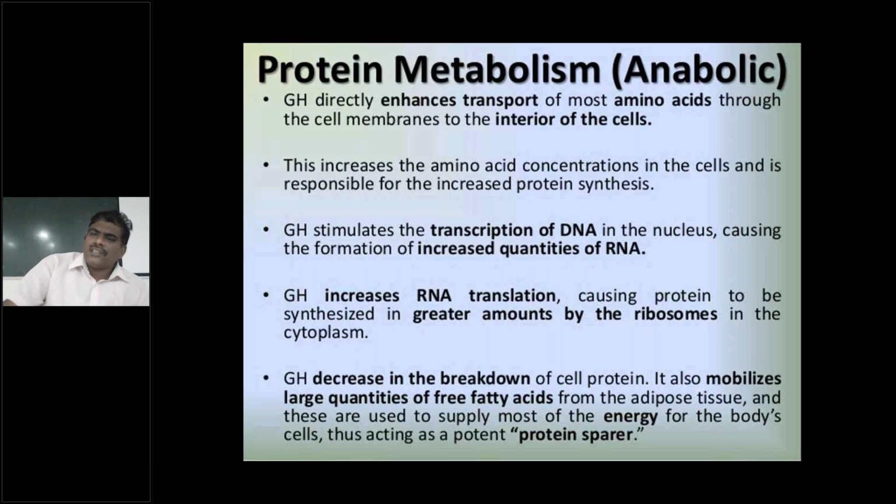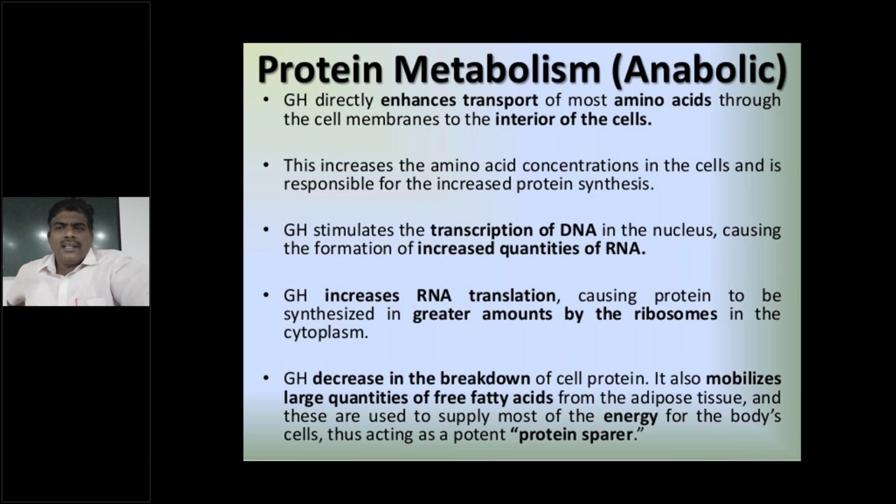See, for the biosynthesis of any protein, you need to have all 20 amino acids. If suppose one amino acid is missing, that leads to incomplete protein biosynthesis. As all of you are aware, incomplete proteins are functionally inactive. So for the biosynthesis of proteins, the amino acids have to be transported into the interior of the cell. That is the role played by the growth hormone.